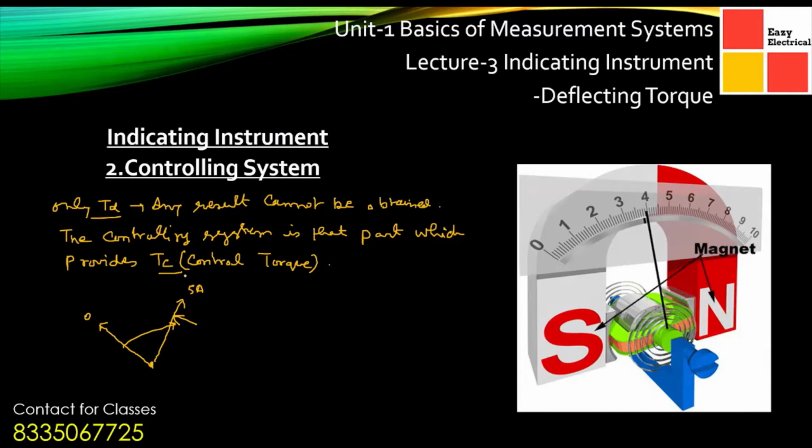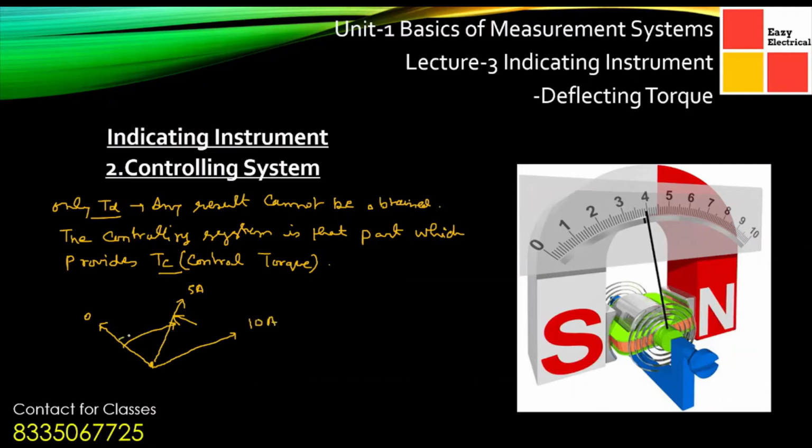Suppose we accept a condition that there is no control torque, so the pointer would have gone to the maximum of the scale, that is, to the other end. Suppose that is our maximum limit of 10 ampere for the ammeter we are using.